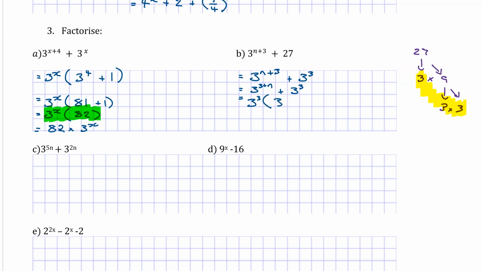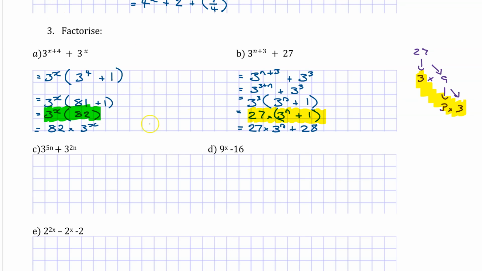So we're left with 3 to the power of n plus 1, and therefore we're going to be left with 27 times 3 to the n plus 1, like so. That could be rewritten as 27 times 3 to the n plus 28, if we so like, or once again, we could simply leave it as this form here.